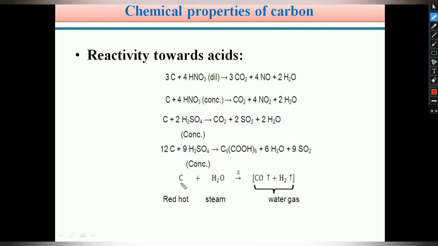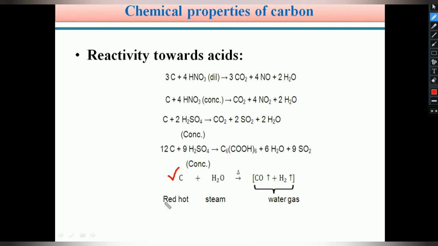Students, here carbon acts as a reducing agent. We already discussed this reaction, but we discuss it one more time because it is very important. I already mentioned carbon does not dissolve in water. In the chemical properties of group 4A elements, carbon, silicon and germanium do not react with water.